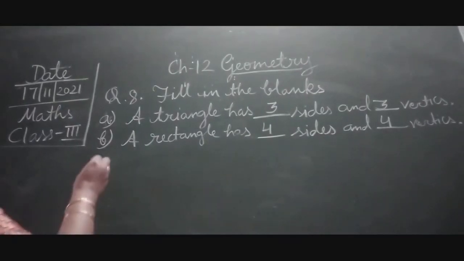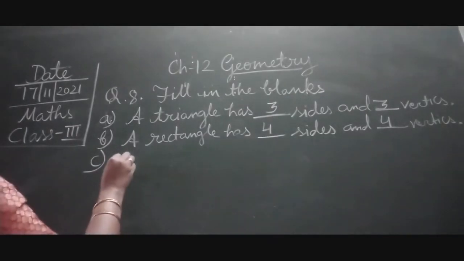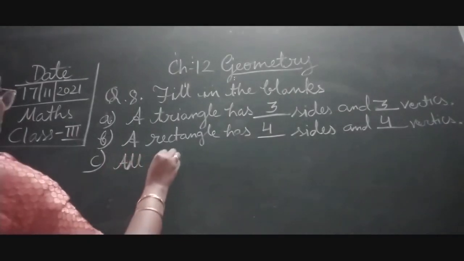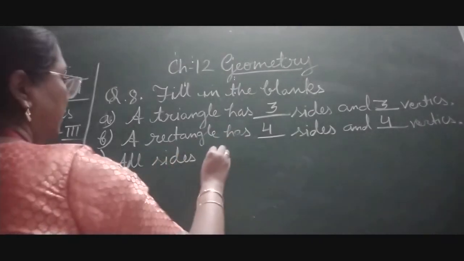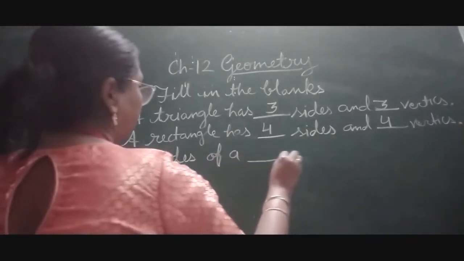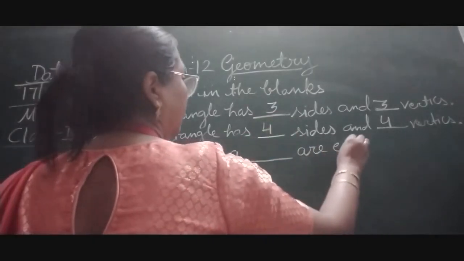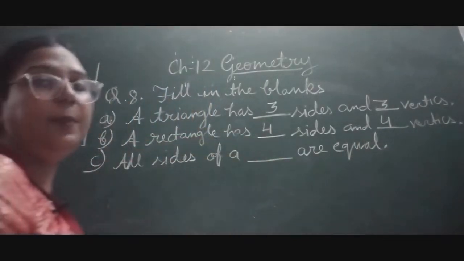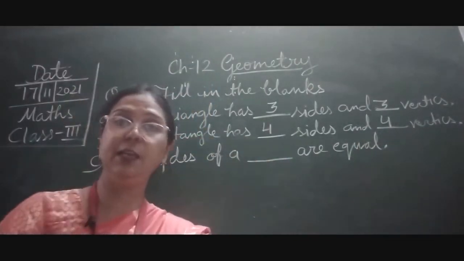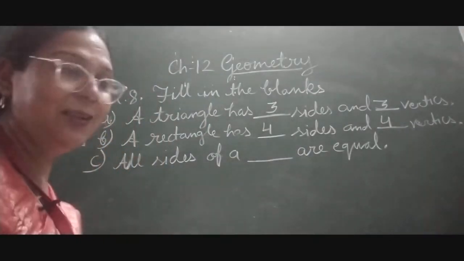Now children, C number, all sides of a dash are equal. So children, which is the shape having equal sides? So here only and only a square.